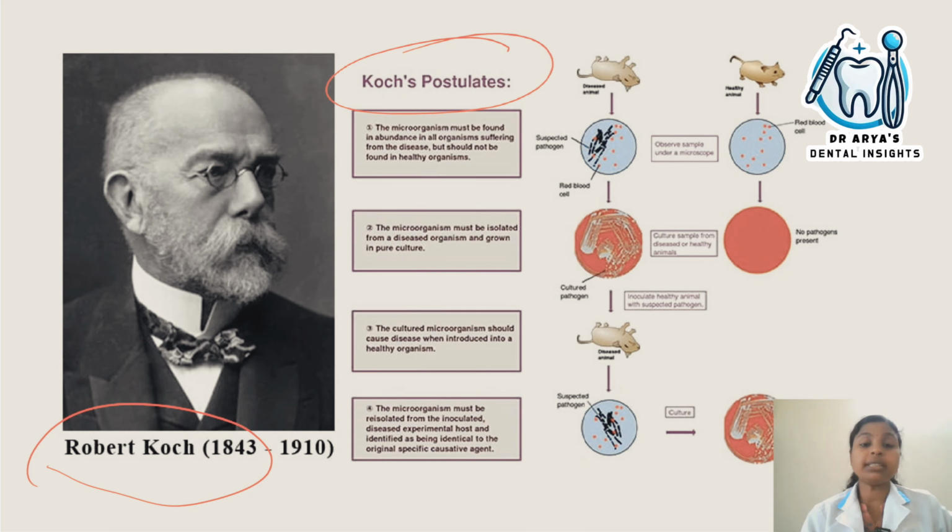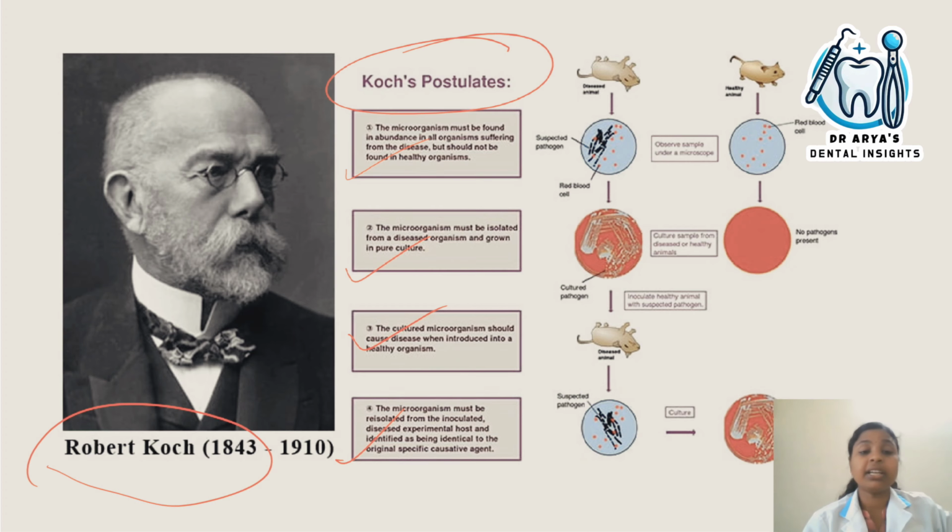The microorganism must be found in abundance in all organisms suffering from the disease, but should not be found in healthy organisms. Then the microorganism must be isolated from the diseased organism and grown in pure culture. The cultured microorganism should cause disease when introduced into a healthy organism, and the microorganism must be re-isolated from the inoculated diseased experimental host and identified as being identical to the original specific causative agent.